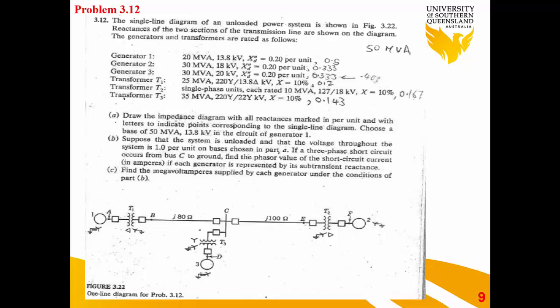Transformers. When generating, step up to high voltage and low current for transmission along the transmission line, and then the voltage is dropped down by a step-down transformer and goes to domestic and household use.